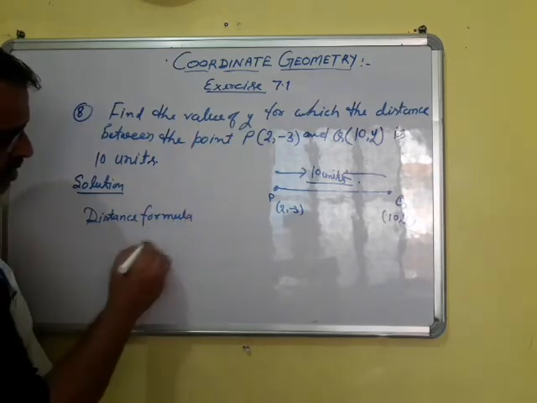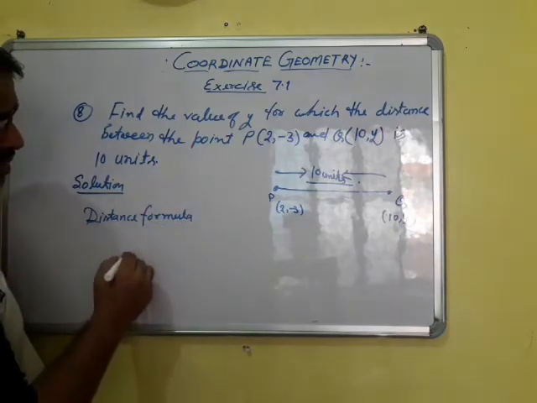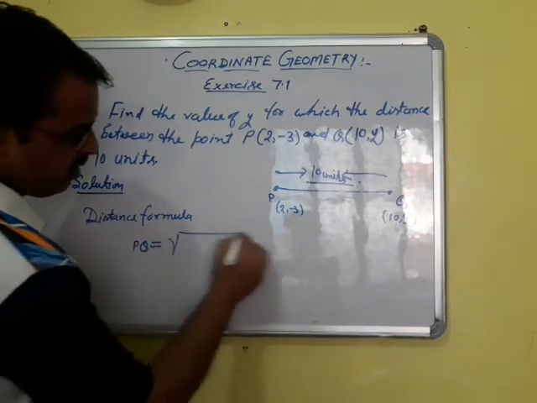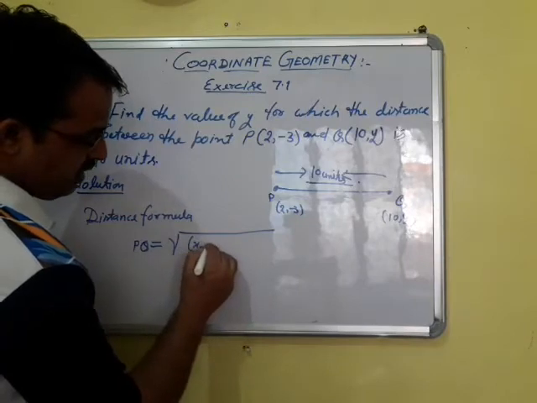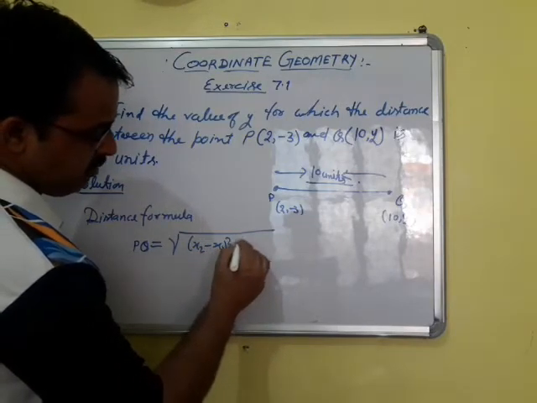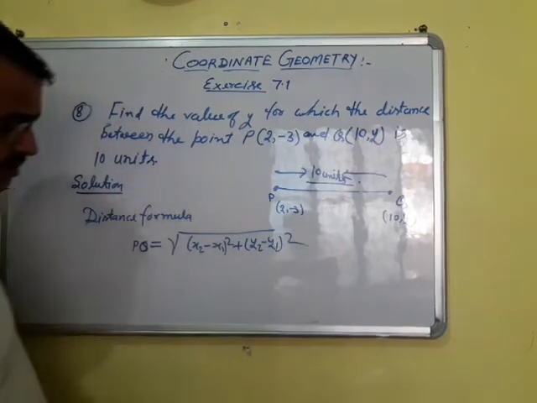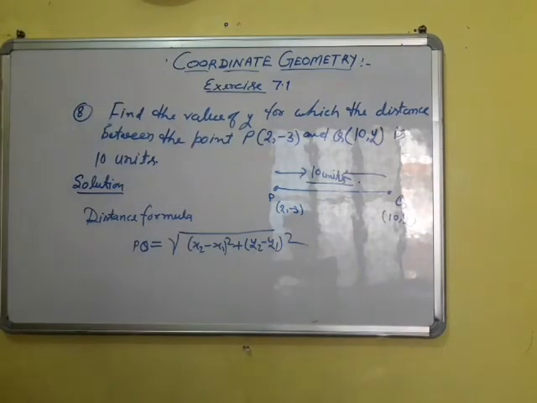The distance between P and Q is equal to the square root of (x2 minus x1) whole square plus (y2 minus y1) whole square.